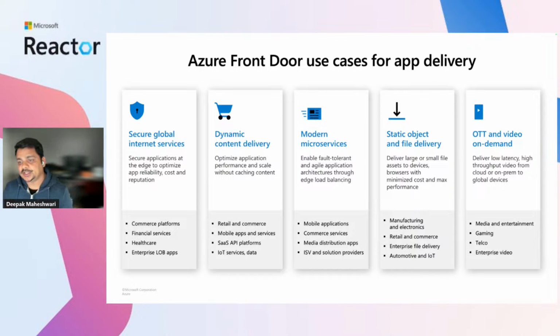It uses the capability of load balancing and high availability to provide microservices. So you can break down your application into multiple chunks and deploy across multiple app services, VMs, or a variety of backends. And you can actually serve your website from different backends as well.